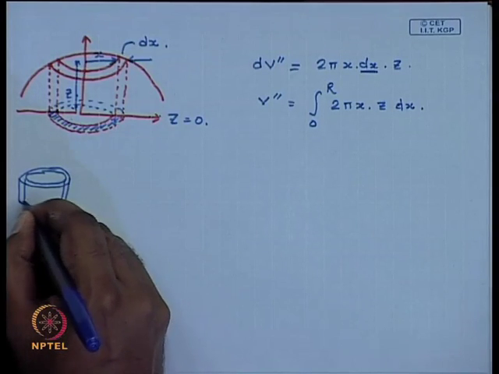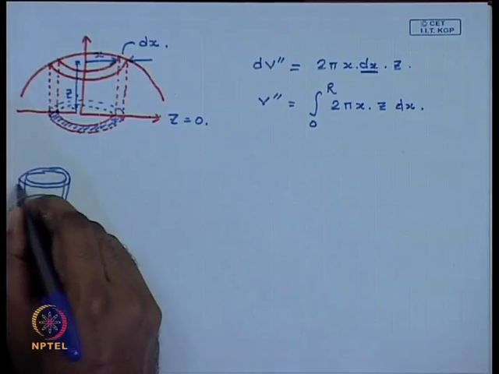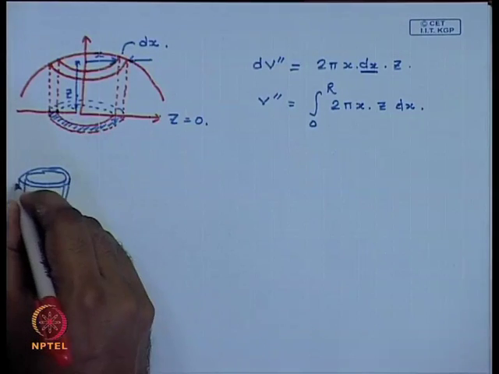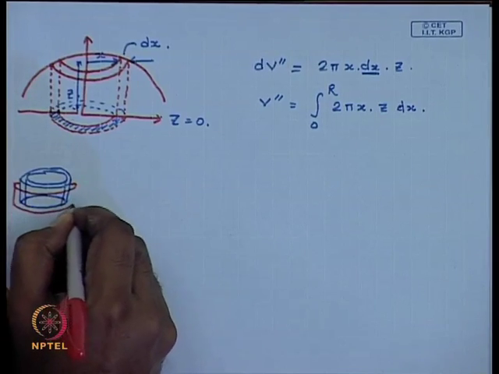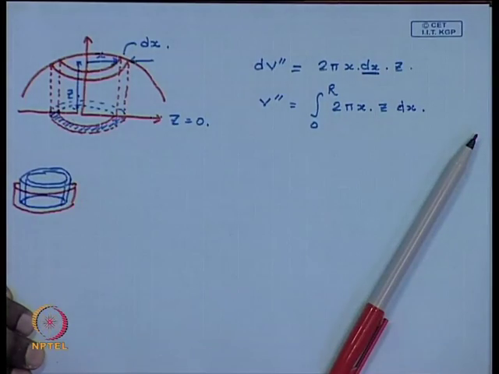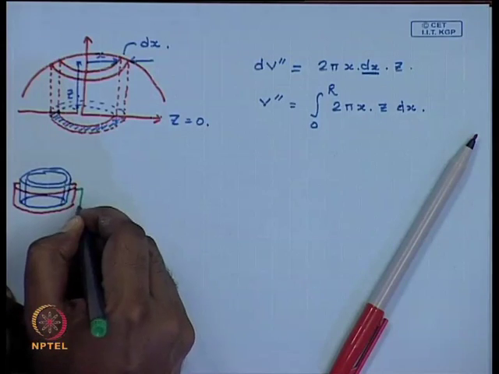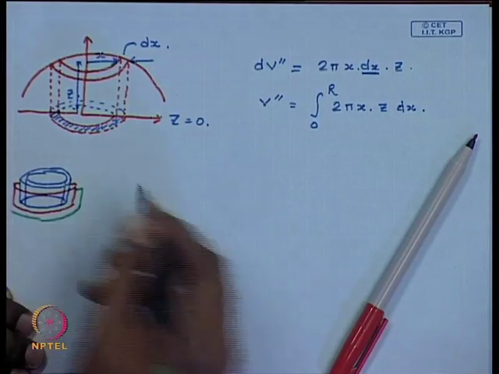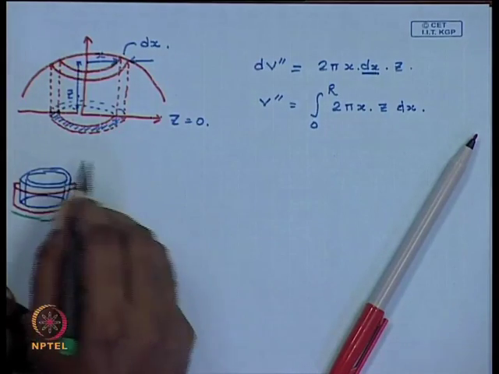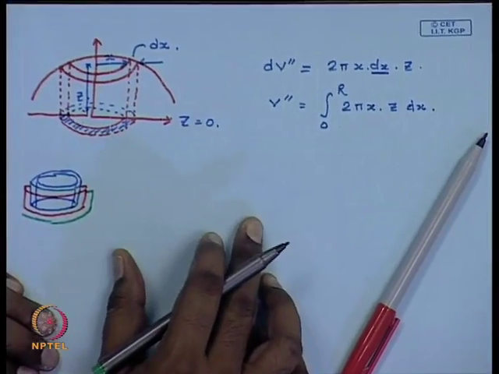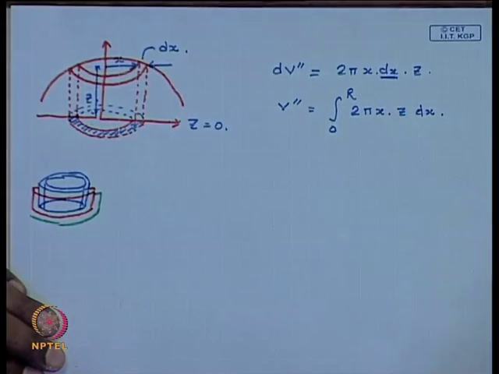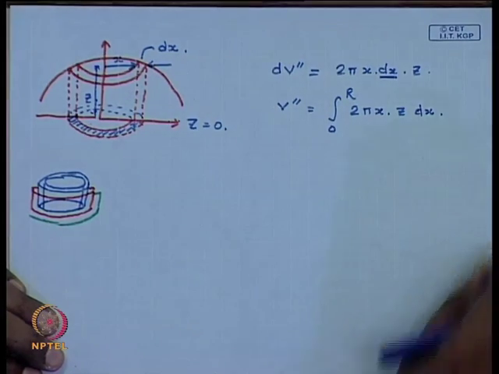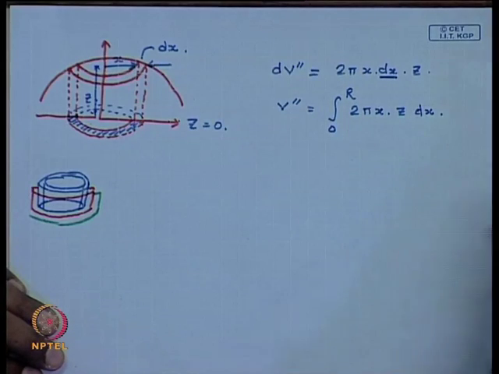And now, if you go on adding all such cylinders, so one is this, the subsequent one is this, the one next to that is this, if you go on adding the volume of all such cylindrical elements, you eventually get the volume of the entire object.